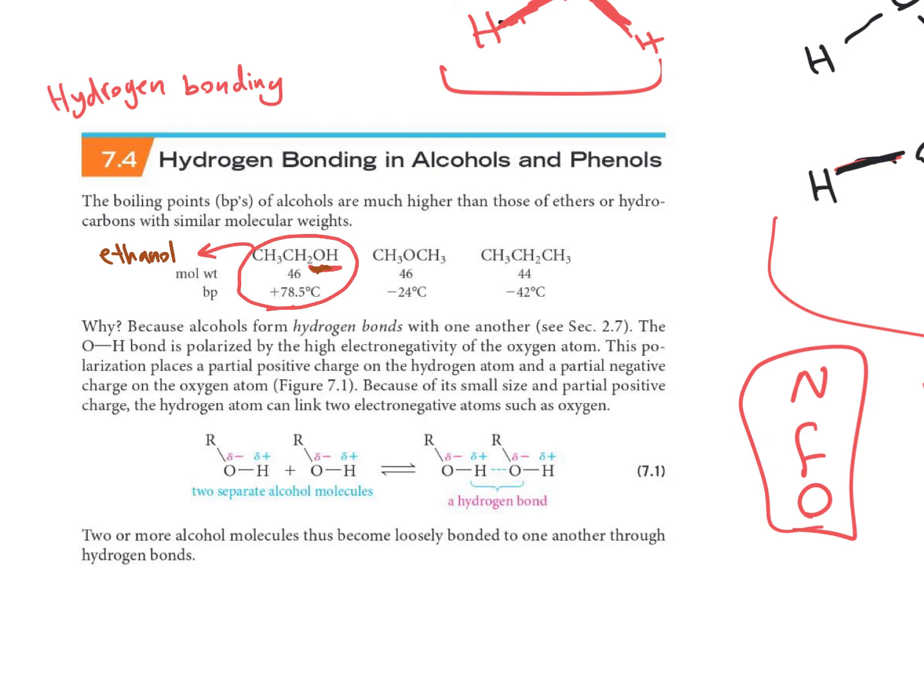So alcohols form hydrogen bonds, and your book compares the boiling points. I didn't talk about this in class yet, but when you have an oxygen by itself attached to two different atoms, we call that an ether, okay?